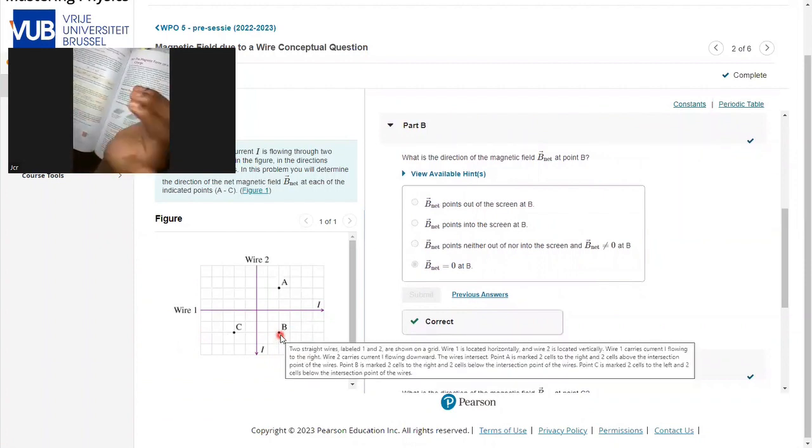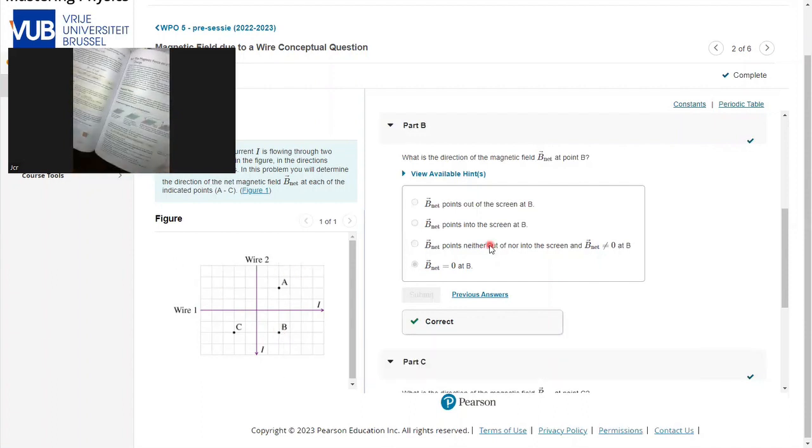My wire 2, as we know, is going to turn like this, and it's going to be out of the page in B. Then you have wire 1, which is like this in B. So we have wire 2 out of the page in B and wire 1 into the page in B. So there are two different directions, and they are opposite. So basically it's zero.